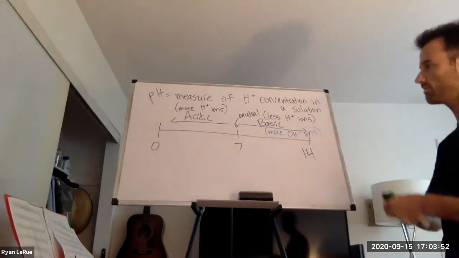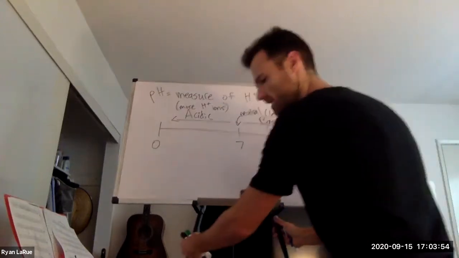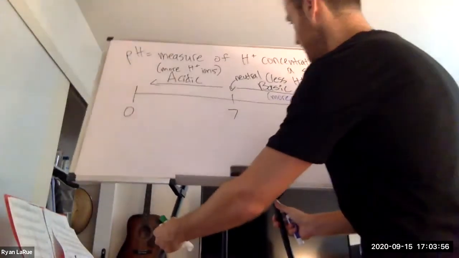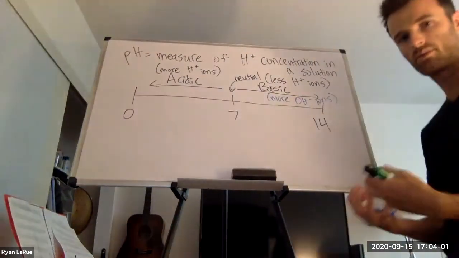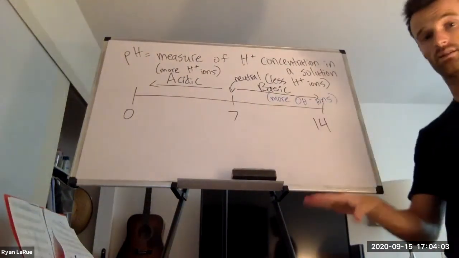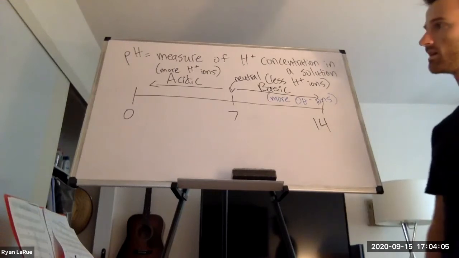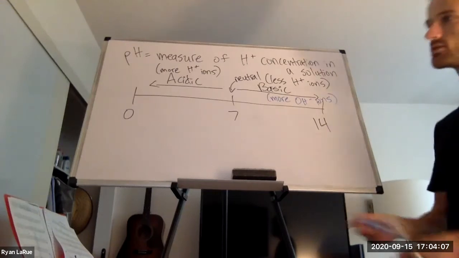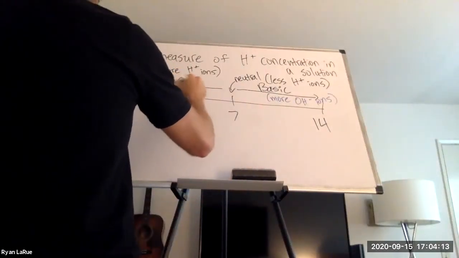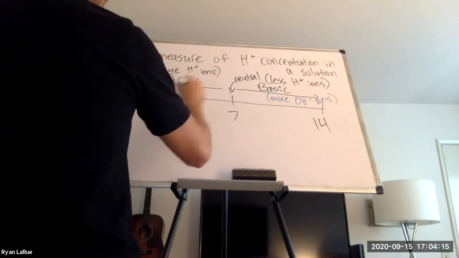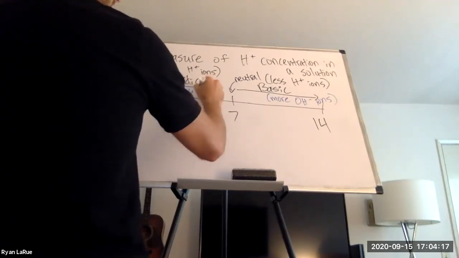I'll move this up a little bit. But essentially, these OH minus molecules kind of soak up the hydrogens and decrease their amount. Conversely, acidic solutions with lower pHs have less hydroxide. This is known as a hydroxide molecule. They have less of these guys.